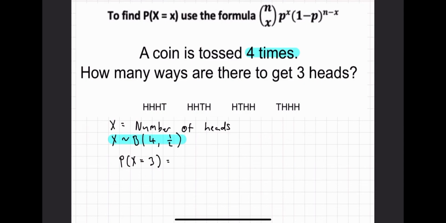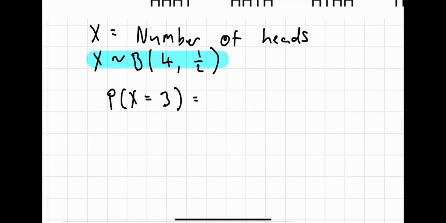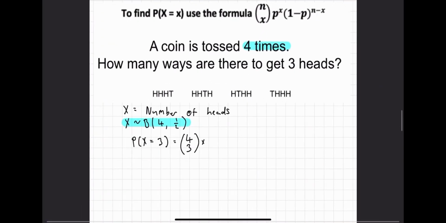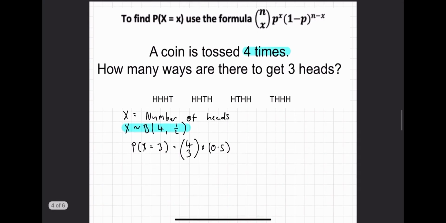So now let's use this formula. n choose x, 4 choose 3, times the probability of success, which is a half, to the power of x, which is 3, times 1 minus p, which is also a half, to the power of n take away x.